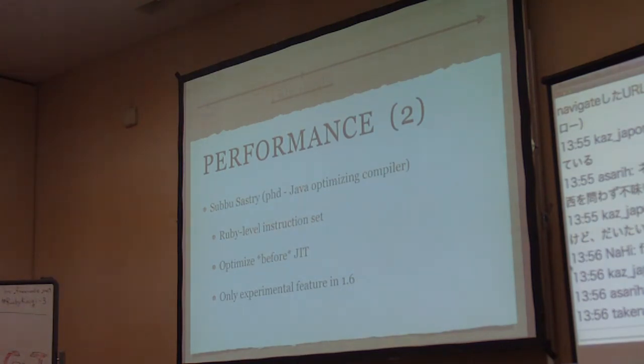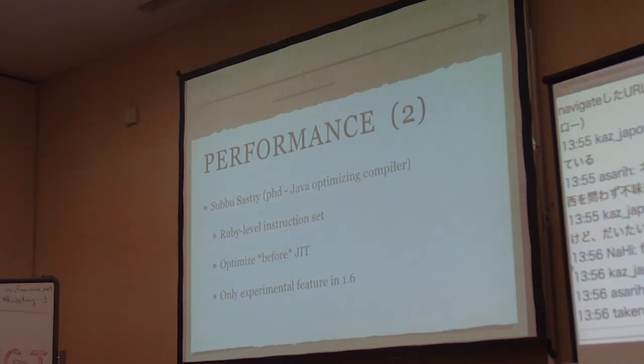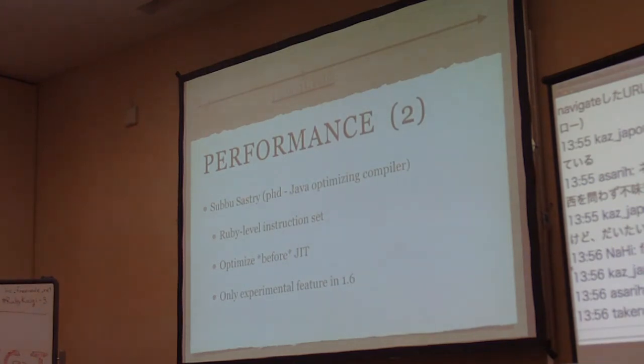So we're creating a new Ruby instruction set, similar to how JRuby is, and we're going to do high-level Ruby optimizations before we let Java continue to do its optimizations. And this should simplify our code quite a bit and give us a nice set of infrastructure for many years to come for optimizations. And there will also be a long flag to turn this on in 1.6. Yes, it will still be experimental in 1.6.